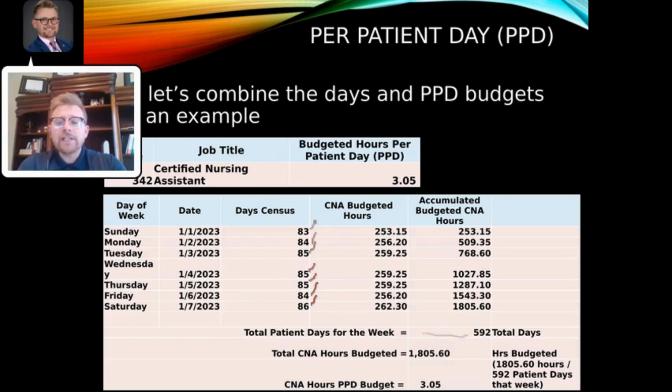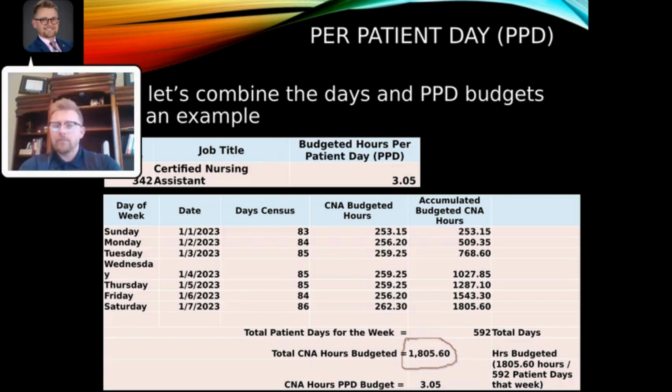And then the total CNA hours budgeted. So if we know that we had 592 patient days and we're allowed to run 3.05 PPD for CNA hours, that means the budgeted hours for that period is 1,805.6 right here. And you can actually do the opposite way and you'll see it comes up to 3.05.